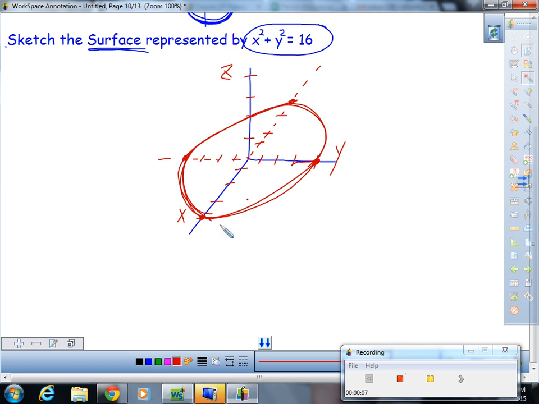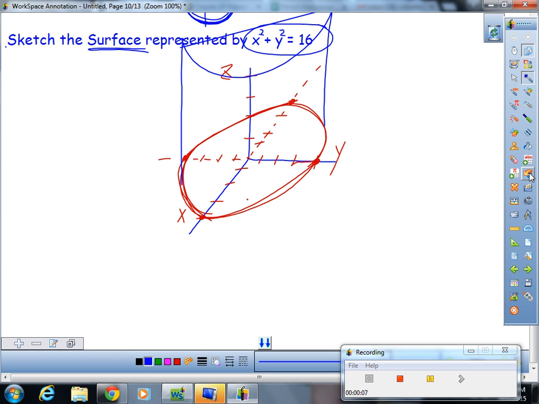Now, the rulings can be demonstrated on this if we understand that z has no limitations. So z has no limitations. So there is a sketch of this cylinder.